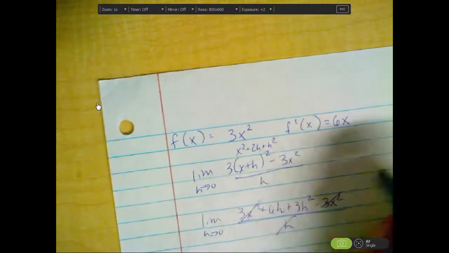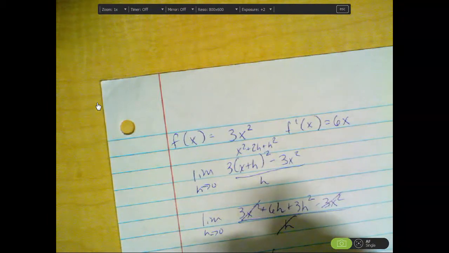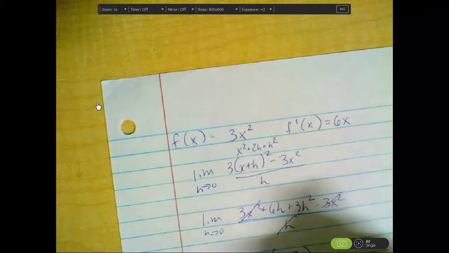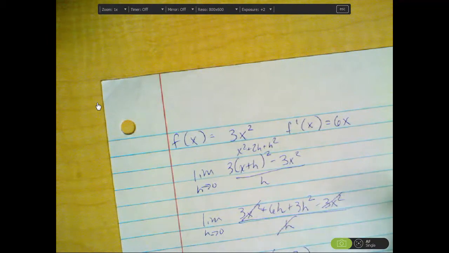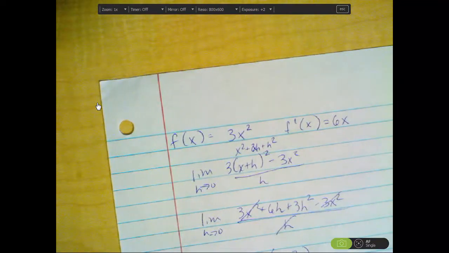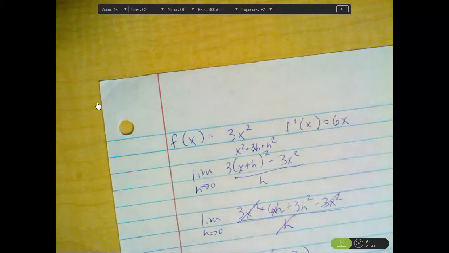The 3x squareds cancel out. Limit as h approaches 0 of h times 6x plus 3h all over h. The h's cancel, plug in 0 for h, and we get 6x.